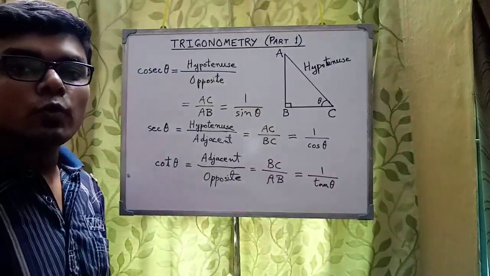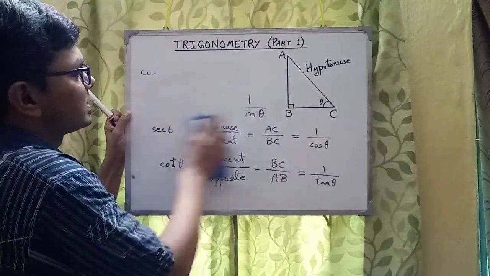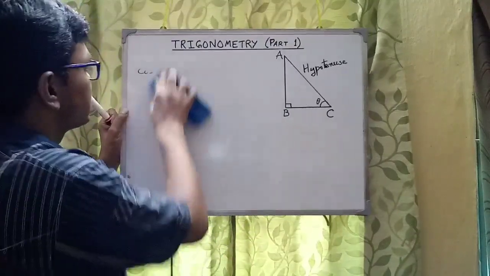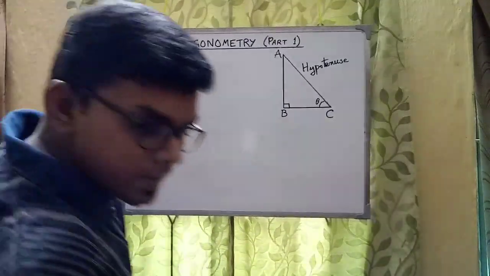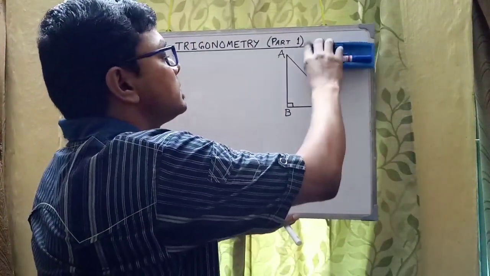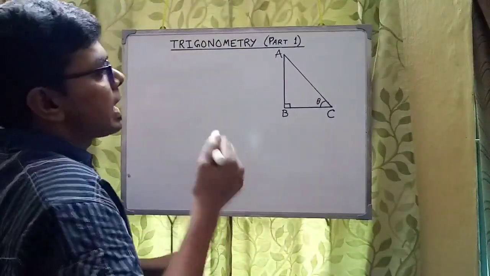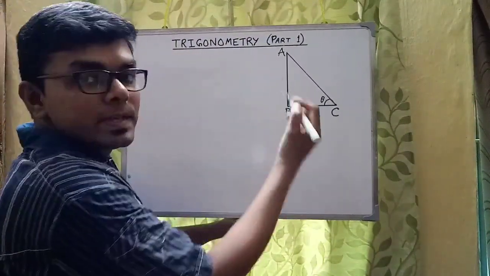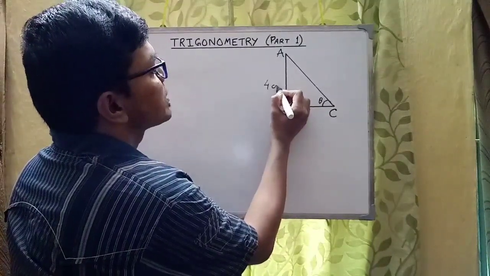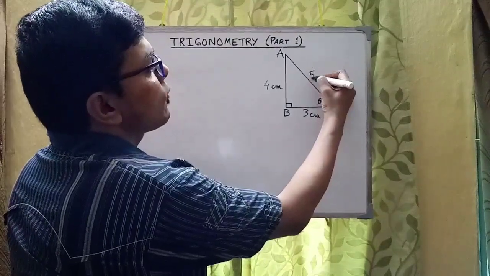Now we move on to some simple problems. For example, let me erase this also. Suppose I take this triangle ABC and say the length of this side is 4 centimeter, this is 3 centimeter, and this is 5 centimeter.